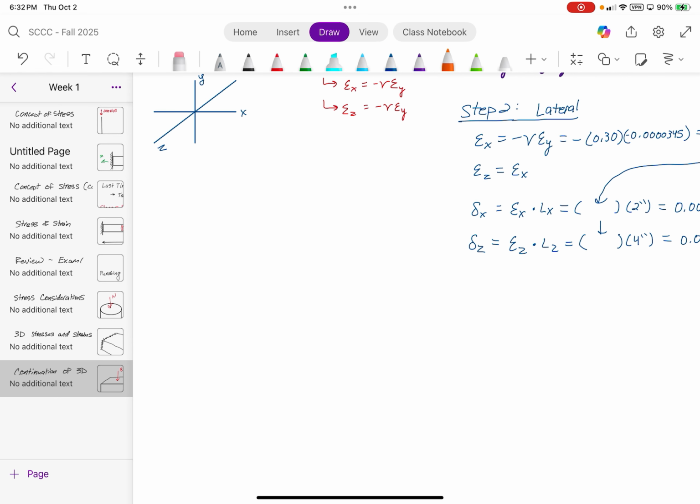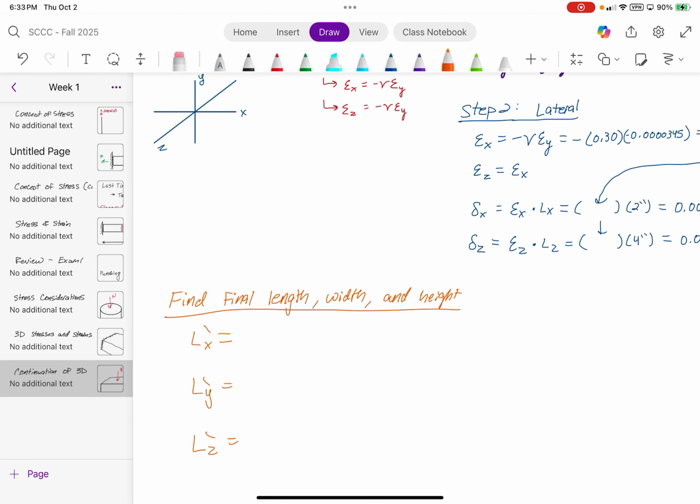So let's say we wanted to find the final length, width, and height. I'm going to specify those with Lx prime, Ly prime, Lz prime. The primes just indicate after a change has occurred.